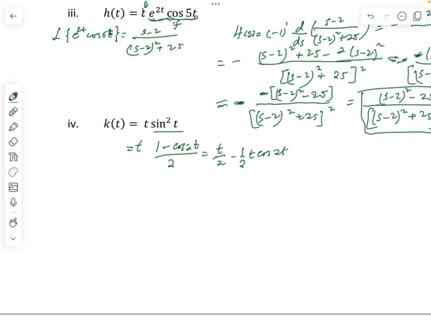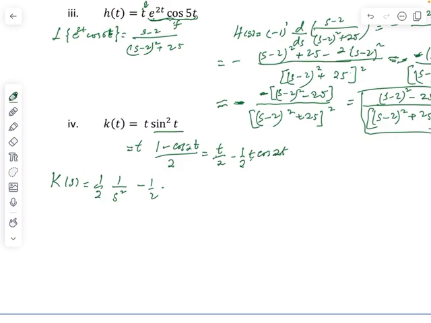So now to find the Laplace transform k of s, we go to t over 2, the Laplace transform of that one. So 1/2 I can factor it out, and then the Laplace transform of t will be 1 over s squared, minus 1/2 times the Laplace transform of t times cosine 2t.